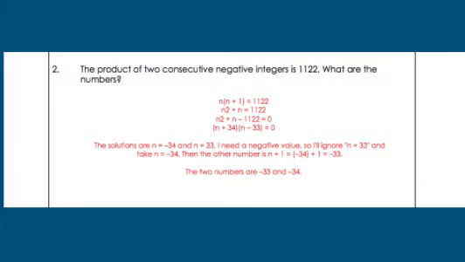The solutions are n equals negative 34 and n equals 33. I need a negative value, so I'll ignore n equals 33 and take n equals negative 34. Then the other number is n plus 1 equals negative 34 plus 1, which equals negative 33. The two numbers are negative 33 and negative 34.